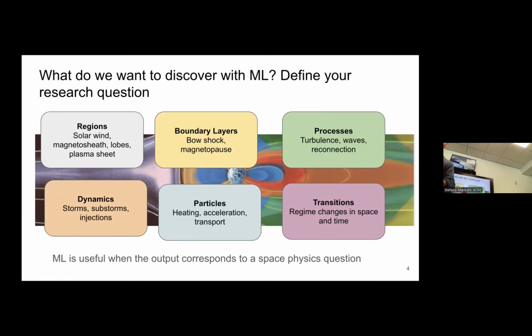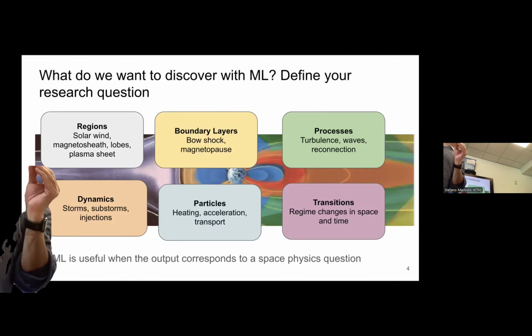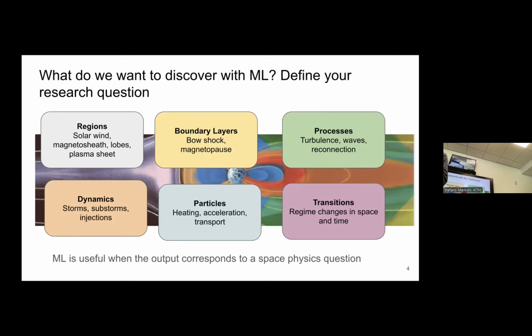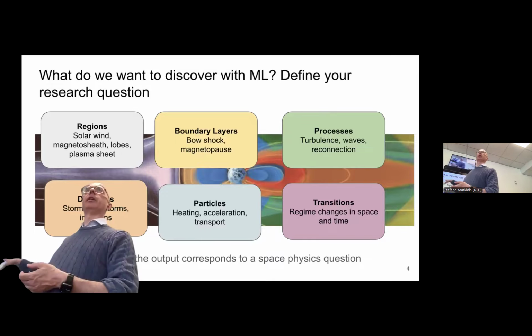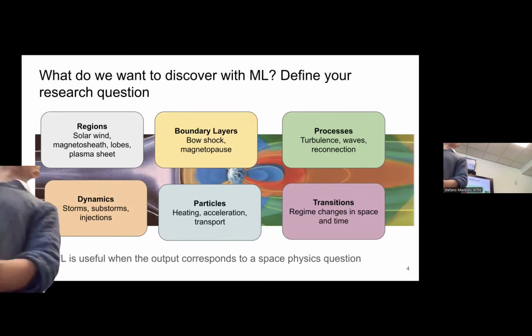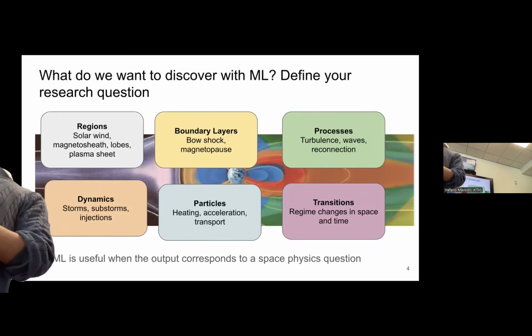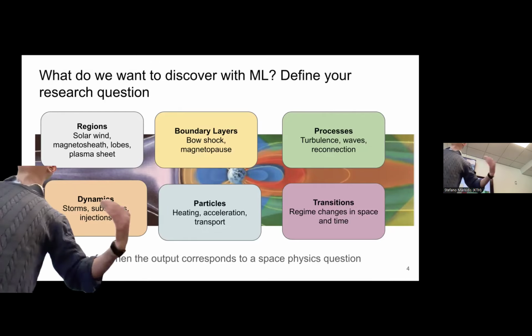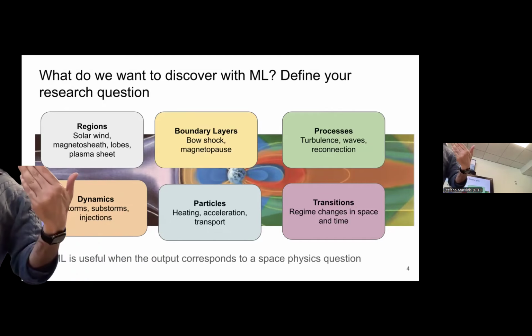The important point of this slide is to make this very strong point today: whenever you start a machine learning project, you must know which of these categories you are in. If it's not clear what you're after, then you need to step back. The reason is that any of these different topics might need a different machine learning approach.